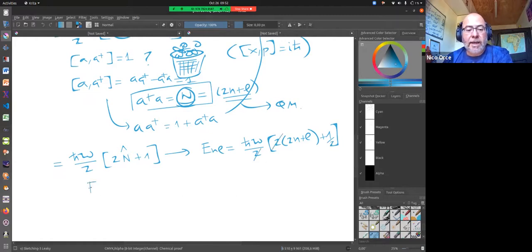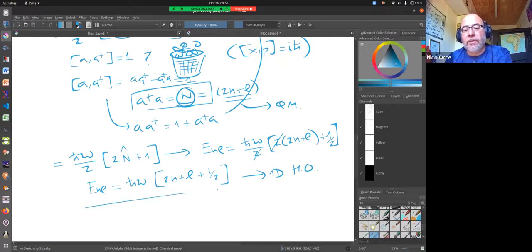The energy of the harmonic oscillator is going to be equal to h bar omega. Normally we call this frequency omega naught, but doesn't matter. 2m plus L plus 1/2. And this will be the energy of the one-dimensional harmonic oscillator. These are the eigenvalues that we have deduced.